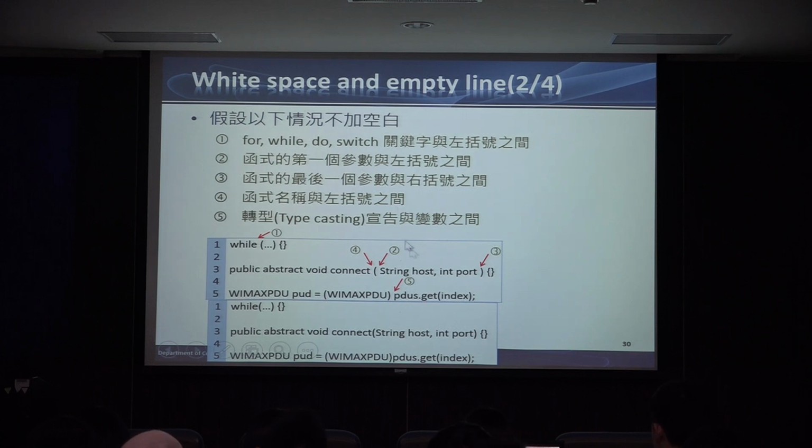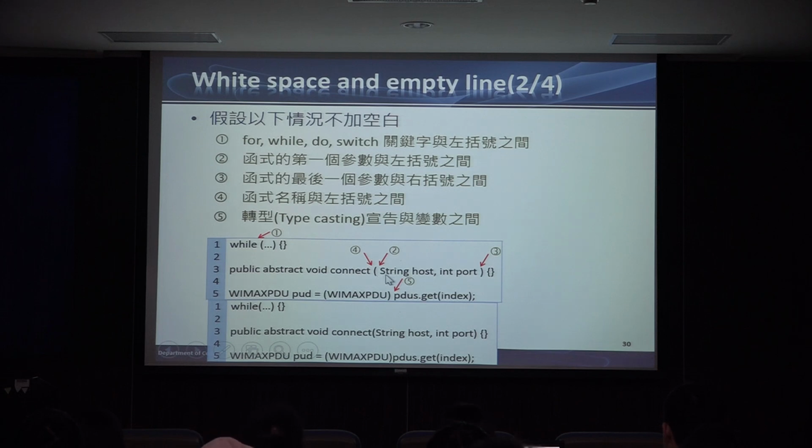函式啊，第一个参数左括弧之间啊，看这个啊，假设我有个 function 叫 connect，我有2个参数 host 跟 port。在我第一个参数跟我左括弧之间不加空白，这是第2个啊，不加空白。You don't want a space here. This is your function connect, and you have a few parameters, with a left parenthesis and a right parenthesis.